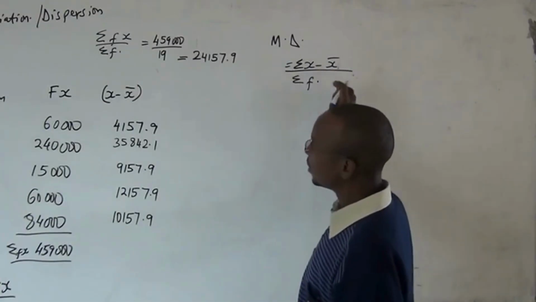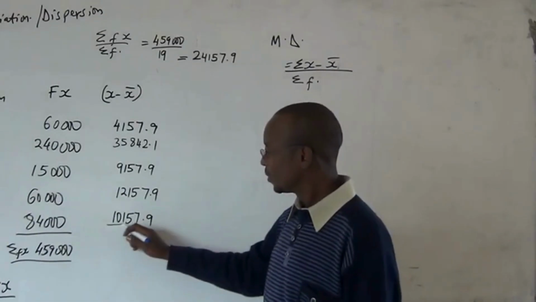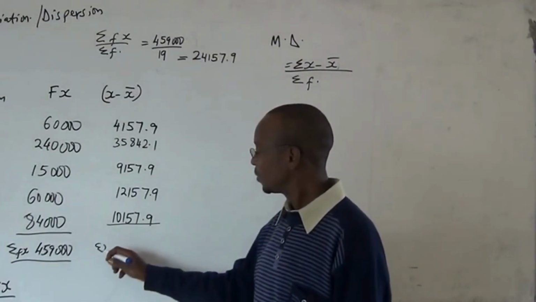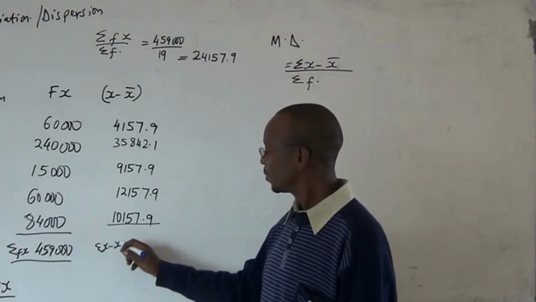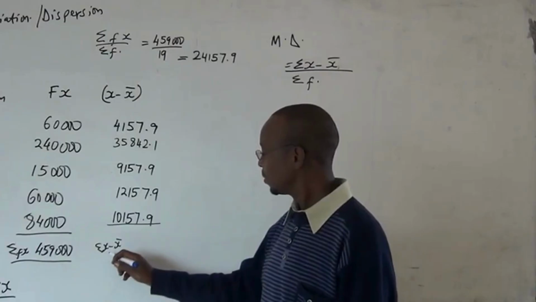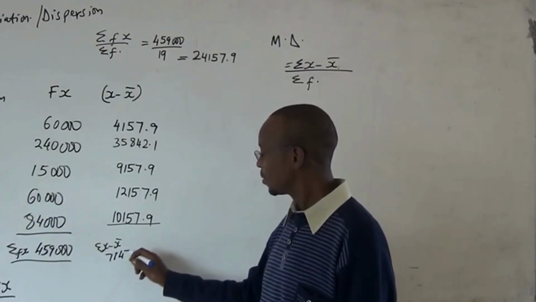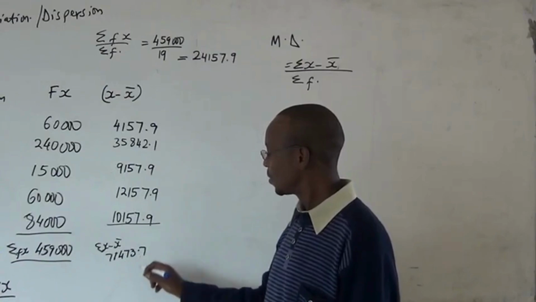So the summation of x minus x bar is 71,473.7.